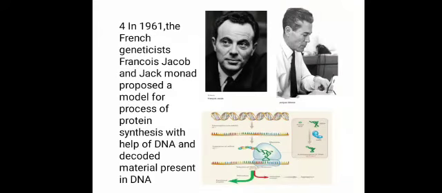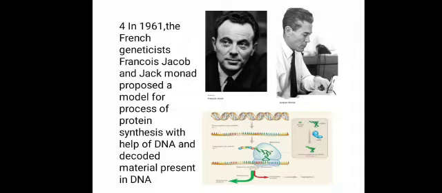Then further, in 1961, the French geneticists Francois Jacob and Jacques Monod proposed a model for the process of protein synthesis. Now these scientists proved that not only DNA, not only chromosomes, not only genes, but the hereditary character is transferred from one generation to another generation with the help of protein synthesis.